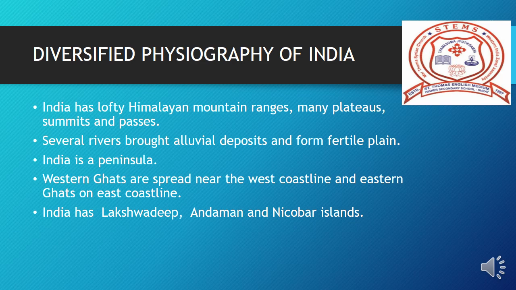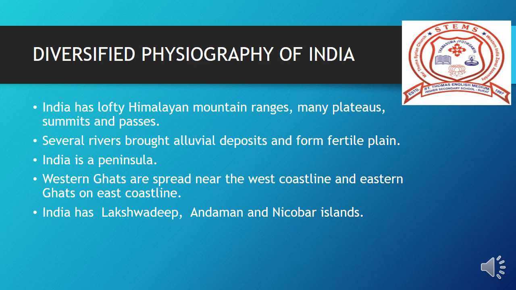In the north, Ganga, Yamuna, Brahmaputra rivers are there. In the south, Narmada, Godavari, Kaveri, Krishna, etc. are some of the largest rivers. These rivers have brought alluvial deposits with them and form fertile plains.